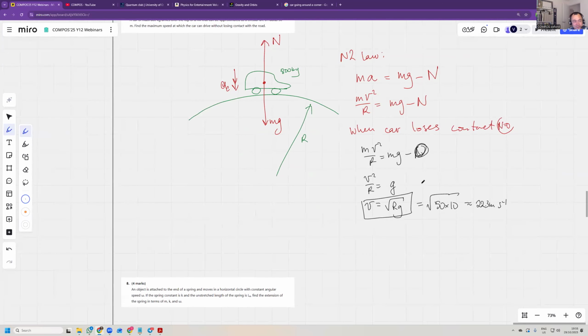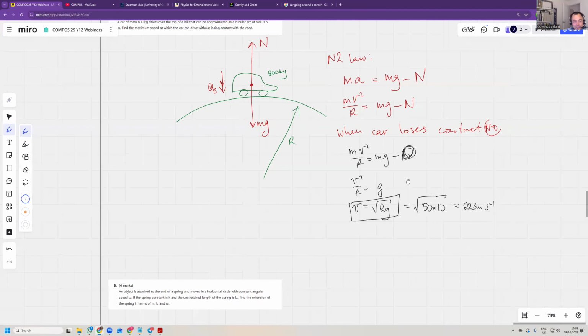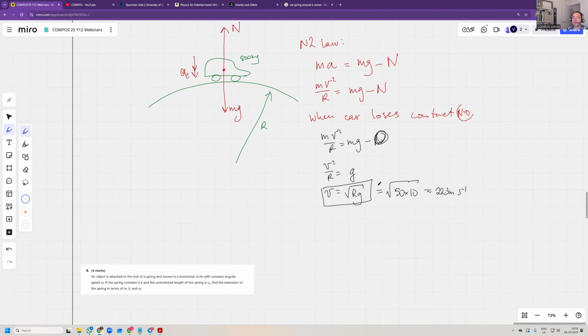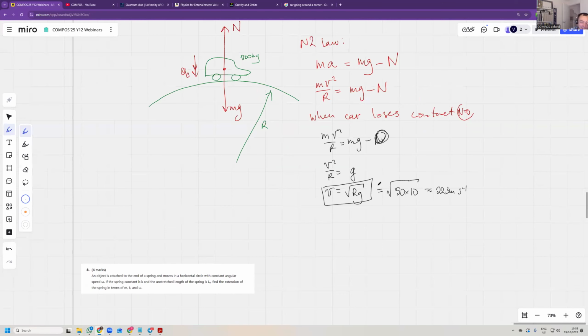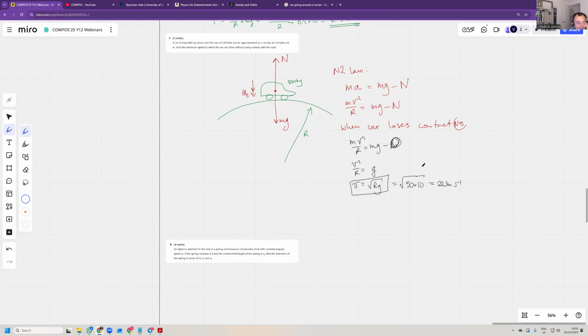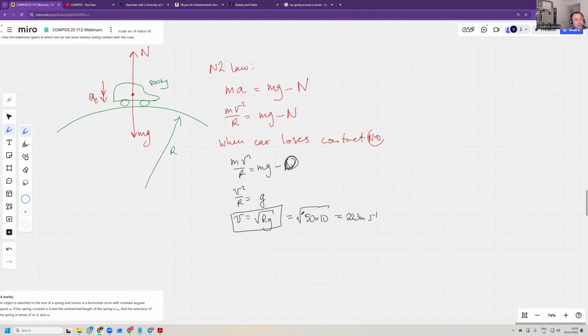Without losing contact. Now, what happens if the car goes faster than that? You can see that the normal reaction, the contact force between the car and the road, N, is equal to mg minus mv squared over r.